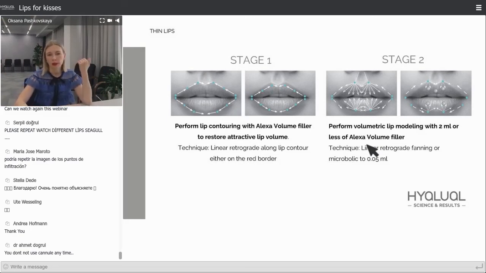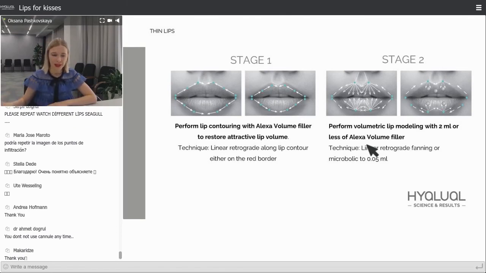Because when the swelling has passed, we clarify what effect we achieved, and if we should correct some asymmetry, we have the ability to do it. So also, if you have doubts about asymmetry, leave a small amount of the filler and be sure that everything will be okay.